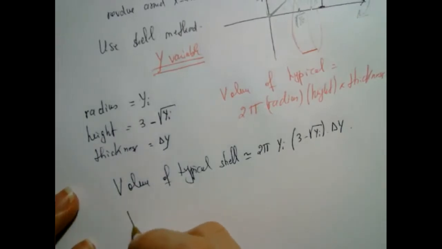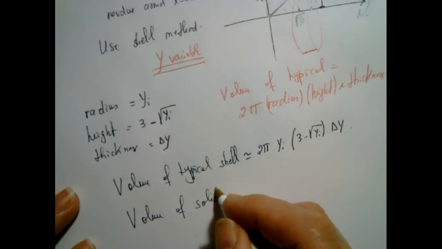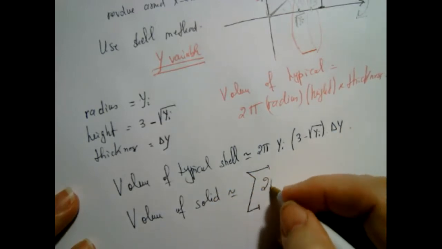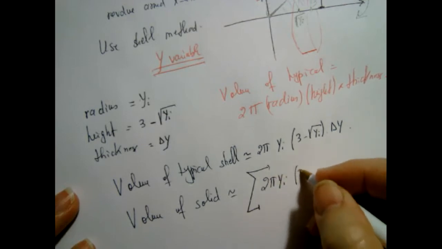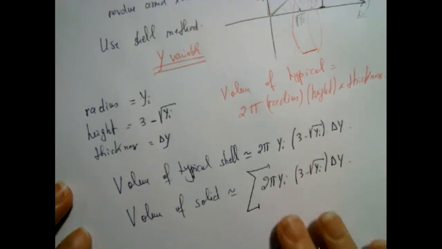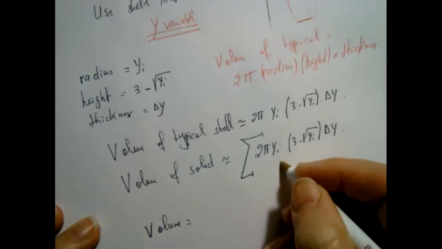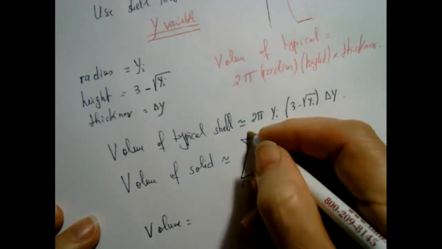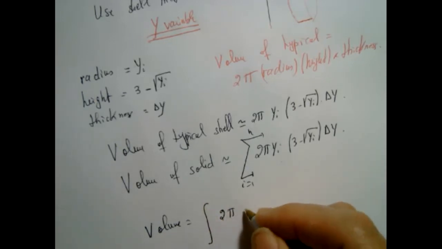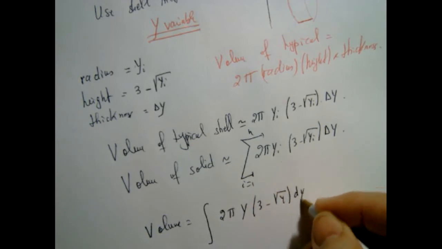Now the total volume, so the volume of the solid when it's rotated, is the sum of those terms, which is our Riemann sum. Now the volume is what happens to that sum when n becomes very large. And this is where the Riemann sum gets into the picture. So it's 2 pi y, 3 minus the square root of y dy.